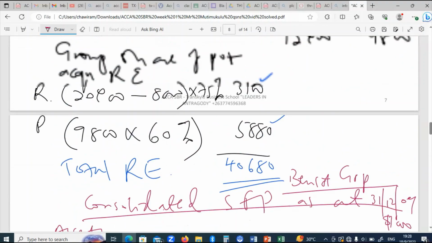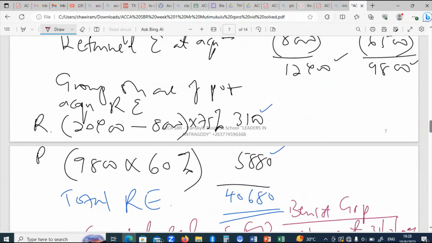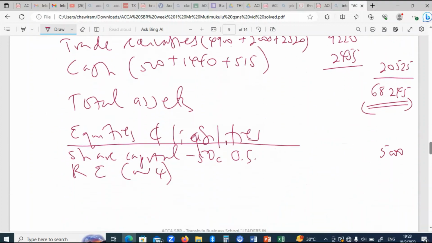And our figure was how much for the retained earnings? We found that this was 40,680. Okay. If we add, we get 45,680.